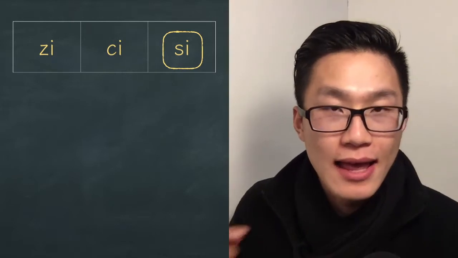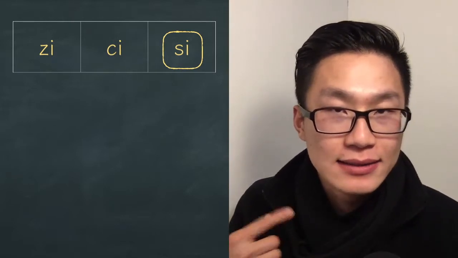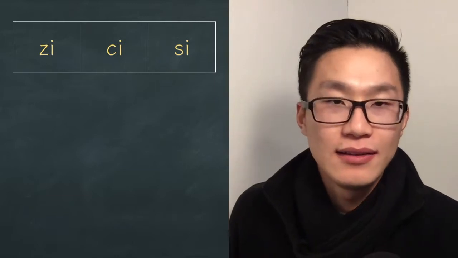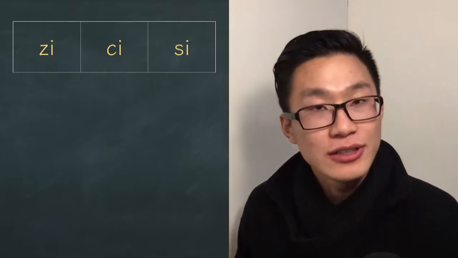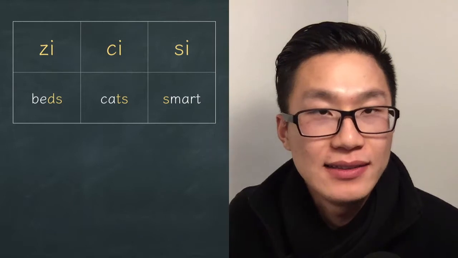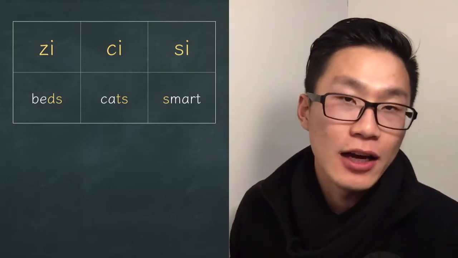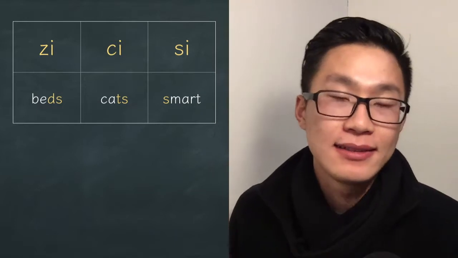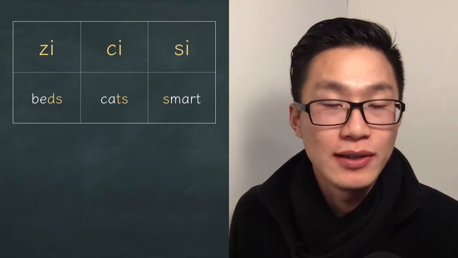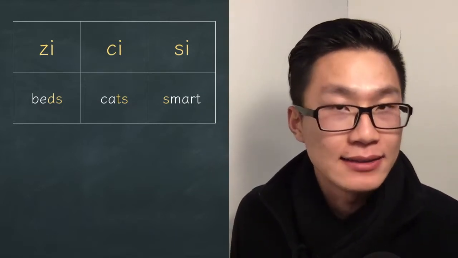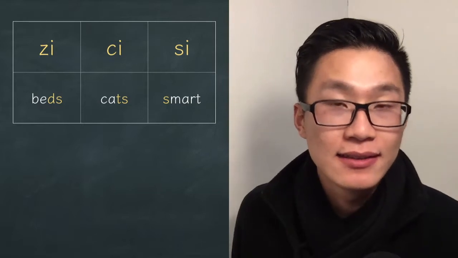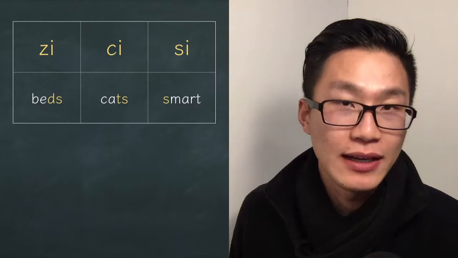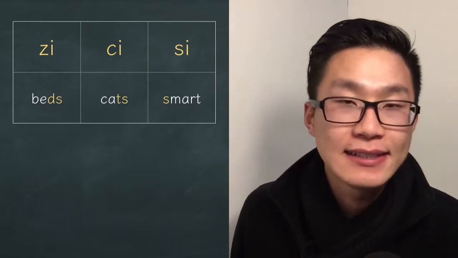The next one, s, s, s. And I also prepared some English notes for you. Z is similar to the end of beds, beds. And c is similar to the end of cats, cats. C, c, c. And s is the beginning of smart, s.